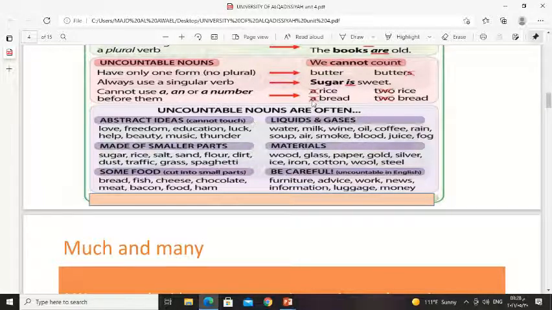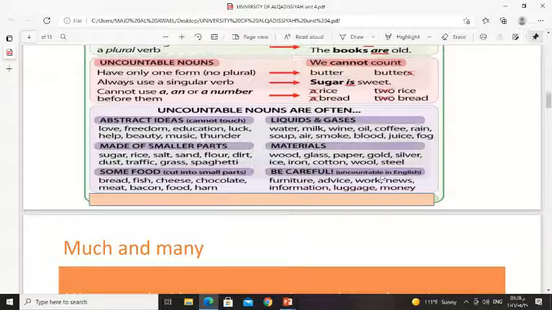All these are uncountable nouns. Some food: bread, fish, cheese, chocolate, meat, bacon, ham. فهذه بعض أنواع الفود لا يمكن أن نعدها إلا إذا كانت موضوعة في شيء ممكن أن نعده.